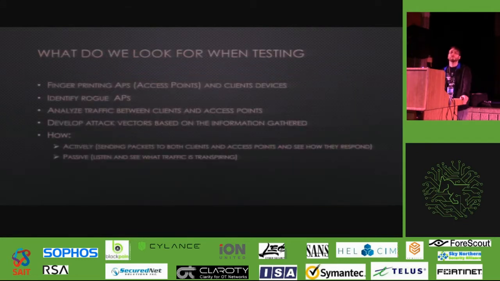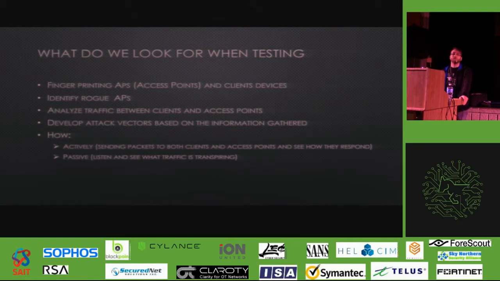Mainly, what do we look for? So as testers, first thing we need to do is figure out what the lay of the land is. And we do that by fingerprinting and profiling the wireless access points, as well as the client devices used in the environment. From this, we can also then determine and identify rogue access points that we can help eliminate for a client.